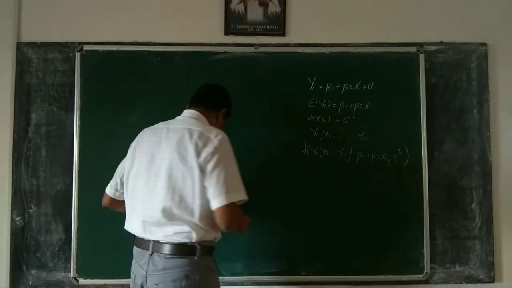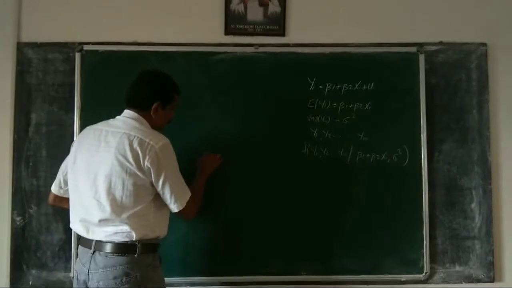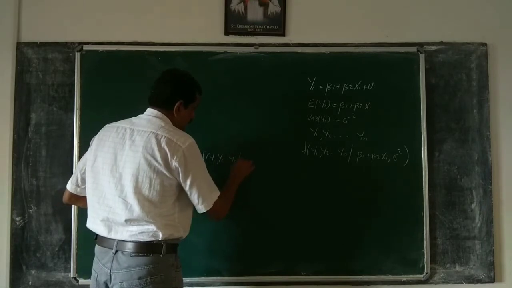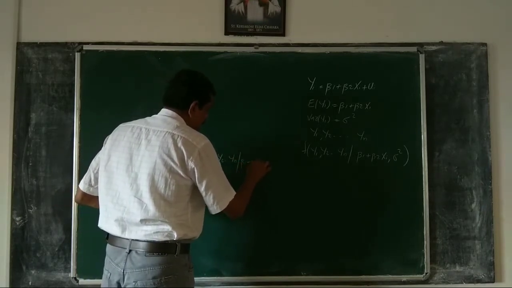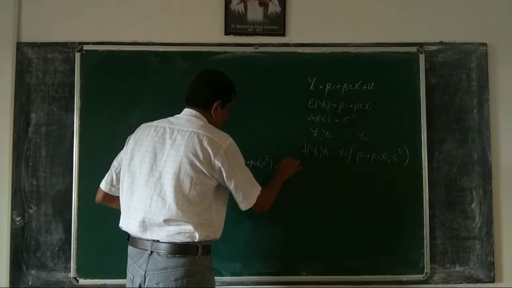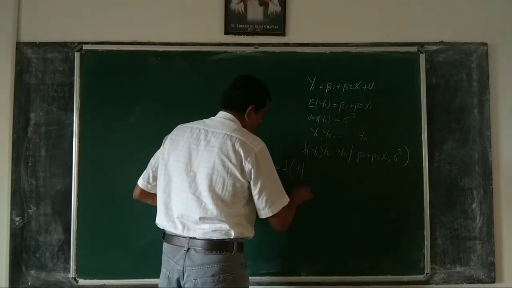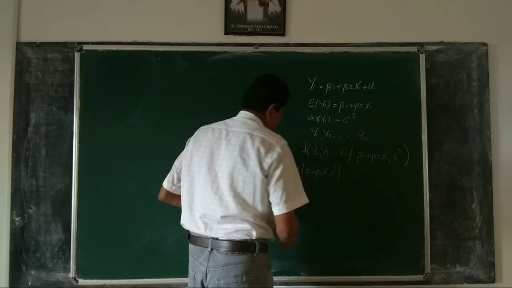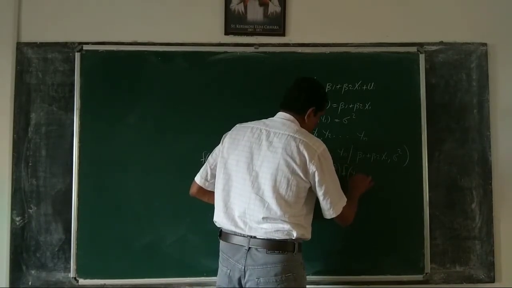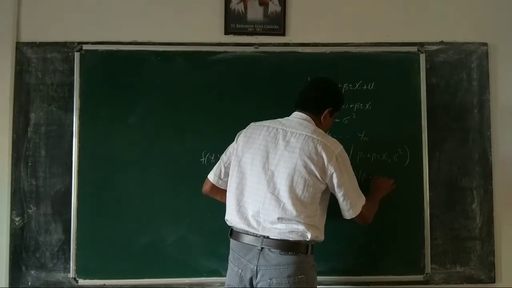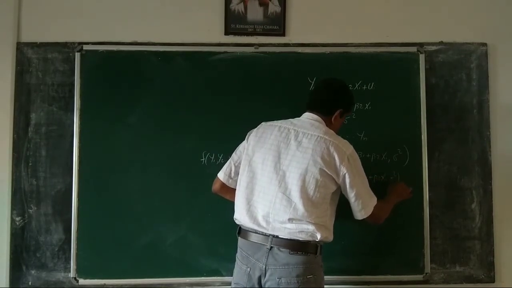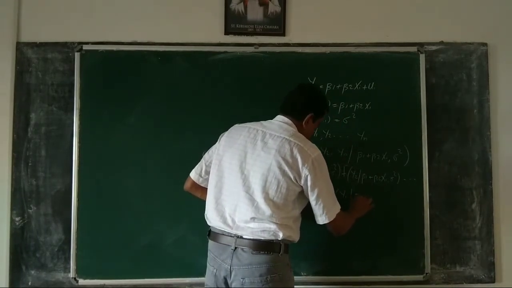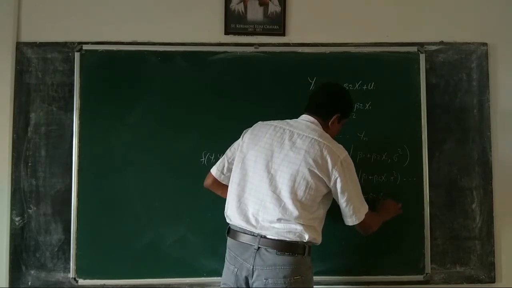That is, f of y1, y2, etc. yn given beta 1 plus beta 2 Xi and sigma square is equal to f of y1 given beta 1 plus beta 2 Xi and sigma square, into f of y2 given beta 1 plus beta 2 Xi and sigma square, into f of yn given beta 1 plus beta 2 Xi and sigma square.